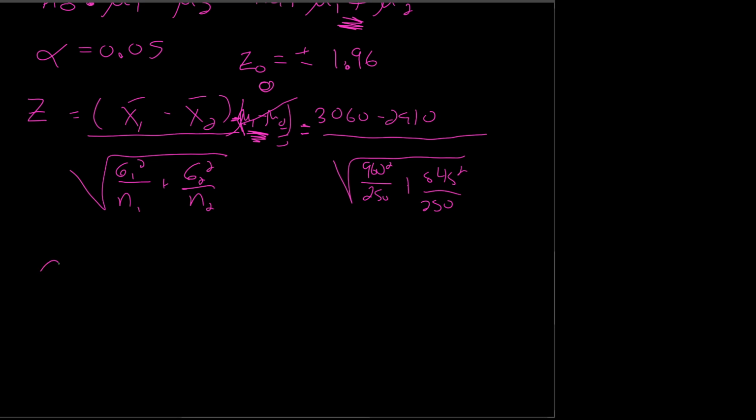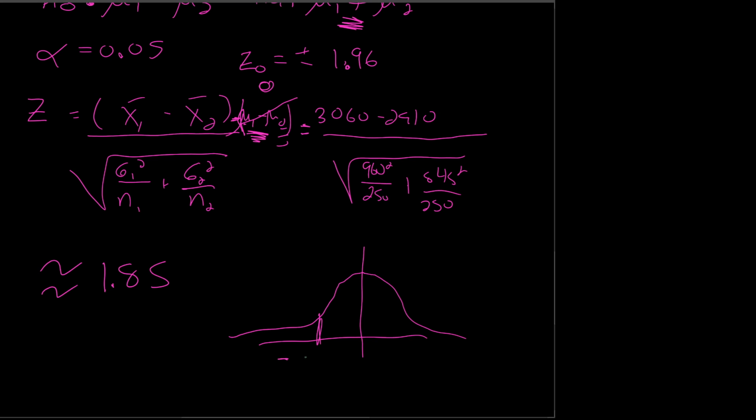If I run to my calculator, I'm going to get 1.85. And so if I think of my standard normal distribution, and my critical values were at negative 1.96 and 1.96, this test value is not in the rejection region.